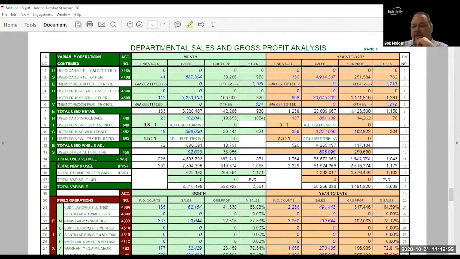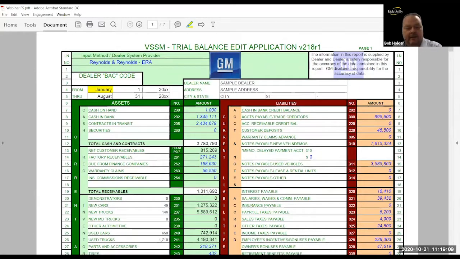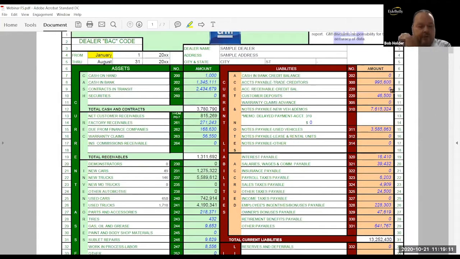You can say, okay, I sold 1,200 and I retailed, retail is what we want, my bad. So you retailed 330 cars. So that's 41 a month that you retailed. And then you do the same exercise with used cars. What that allows you to do is go back to page 1 and break it down by cars and trucks rather than used in total.